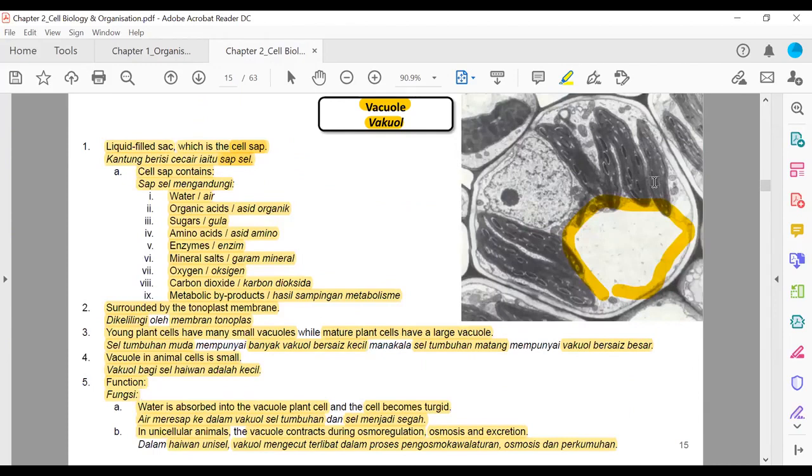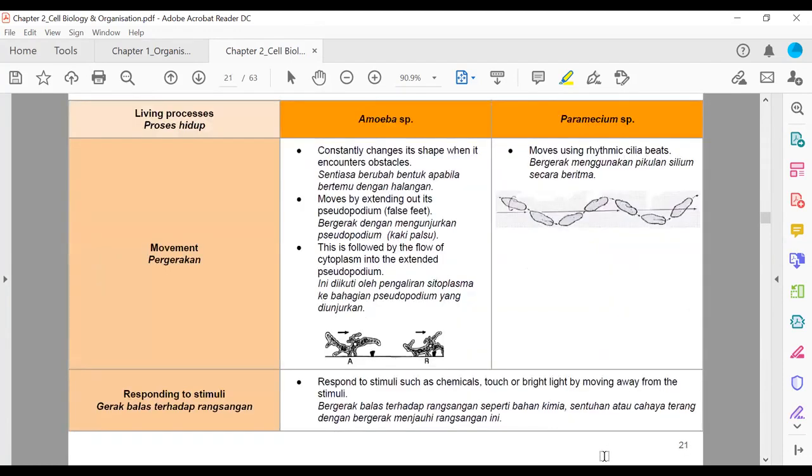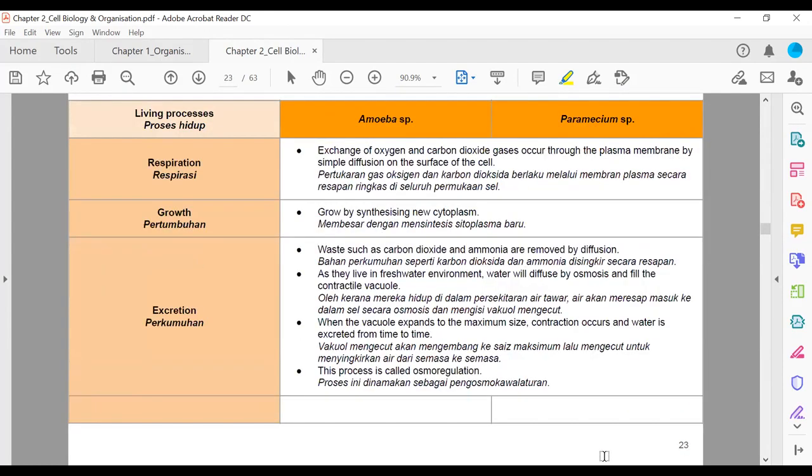So this vacuole contracts during osmoregulation, osmosis, and excretion. Vacuole mengecut akan mengecut dalam proses pengosmokawalaturan, osmosis, dan perkumuhan. Okay, I don't want to explain what is osmoregulation, osmosis and excretion because we are going to learn over here. Mana dia? So excretion, you can see here.